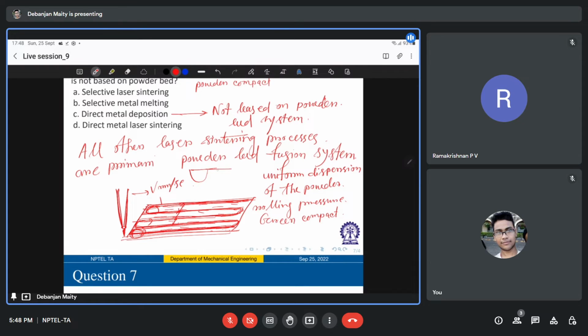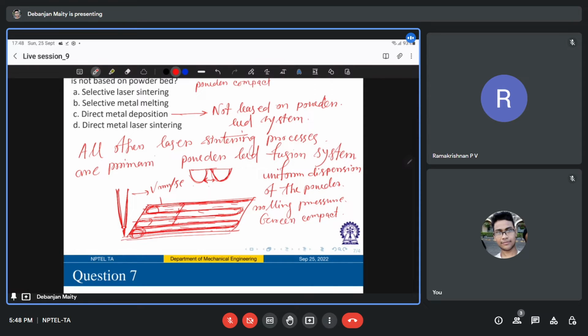you can have a molten pool like this. Here some kind of defect formation is already going on, right? Whatever molten pool is getting generated cannot fill that empty space.